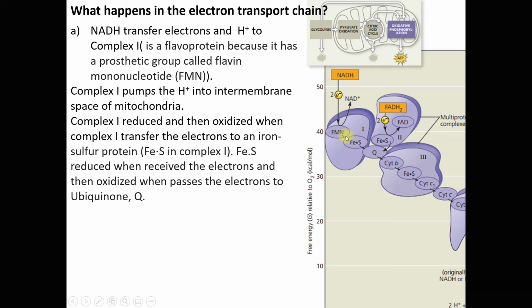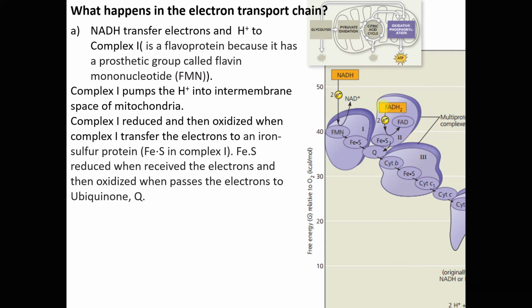Now the iron sulfur protein is reduced when it receives the electrons from the FMN, and then this iron sulfur protein is oxidized when it passes the electrons to the ubiquinone.